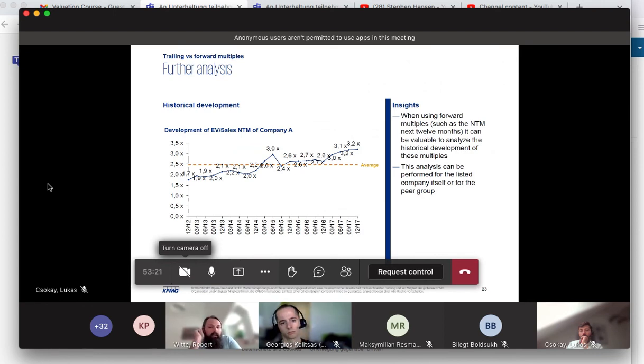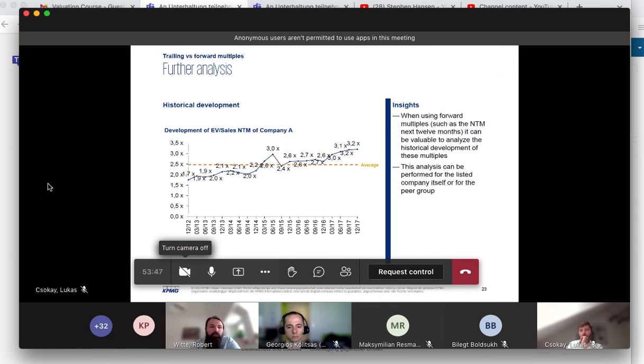And this is just an example, but what we wanted to show is that you have a bigger picture, a frame for the current price. In this picture, you see that, for example, the current EV sales is at 3.2, far right. And then you say, well, first of all, it's way above the average.